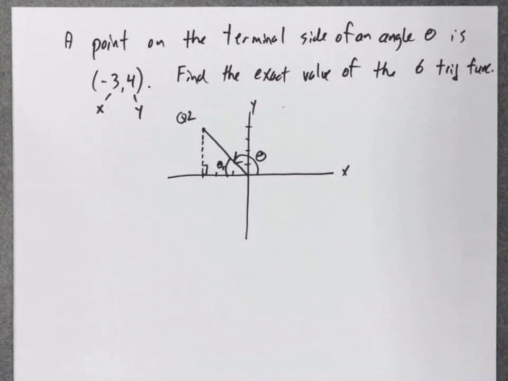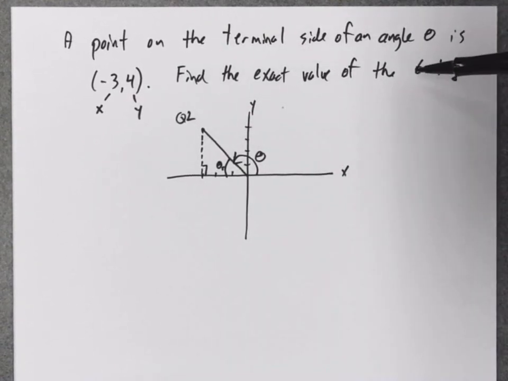Now we're going to do this problem and you're going to see that, but I just want to give you a heads up that getting these answers, finding the 6 trig functions, is really a 2-step process. The first step is you get the actual numbers, and then the second step is you decide whether it should be a positive or negative answer.